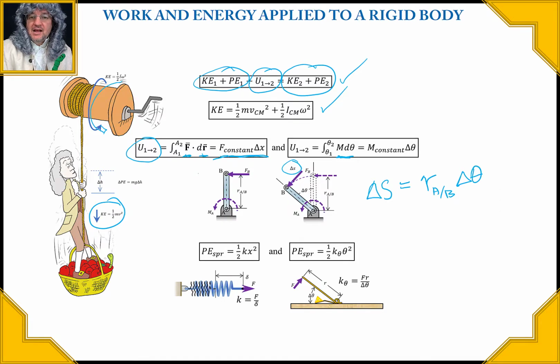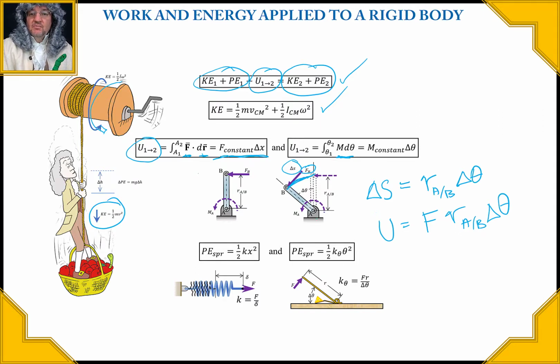That would be the arc length. So the energy would be that force F times r of A with respect to B times the delta theta.